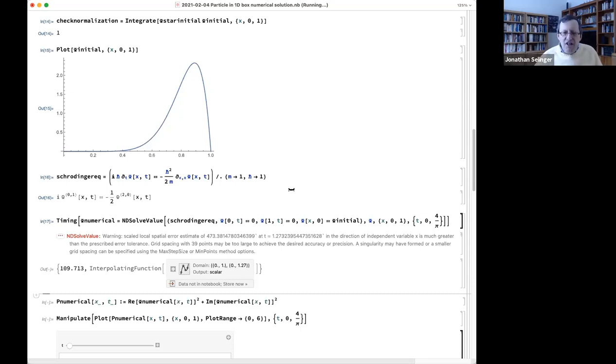The old-fashioned kind of solution tells us that there are these special states, which are the sine waves: the sine of pi x over a, and 2 pi x over a, and 3 pi x over a, et cetera. If we didn't do the old-fashioned solution, we wouldn't know that. We would just say, depending on what initial conditions we put in, sometimes we get something that's stationary, sometimes we don't.